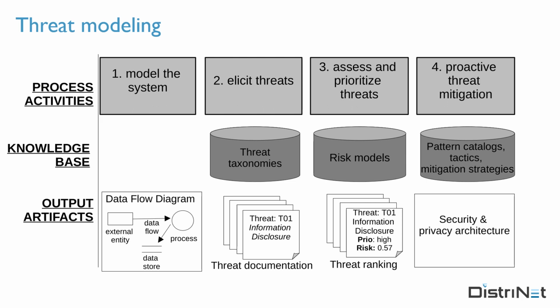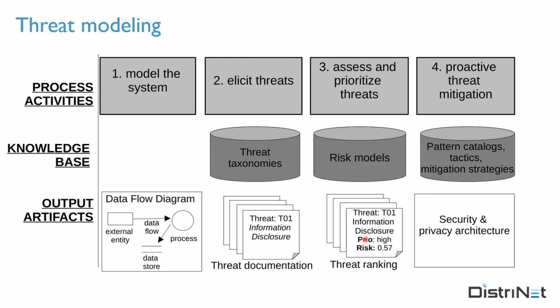So typically, threat modeling is represented as a four-phased approach where it starts from the creation of a model of the system that is then used as the basis for threat elicitation, leading to a number of documented threat scenarios. So in the third step, these threat scenarios are then ranked in accordance to the risk that is calculated on the basis of certain risk models, and then a priority can be attributed to each individual threat scenario.